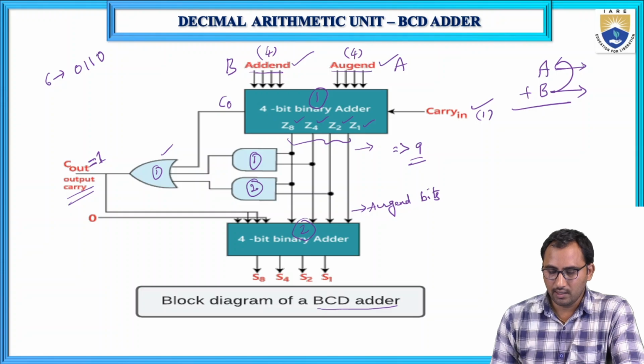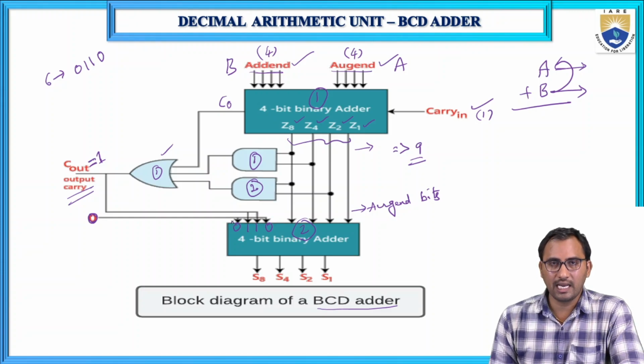The first bit and the last bit are loaded with 0, and Cout, which is 1, is given to the second and third bits. So 1, 1 together, combining all these bits, is considered as 6. This 6 we are adding with the AND bits.